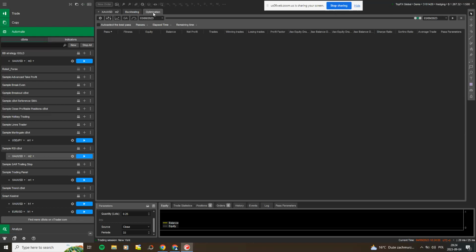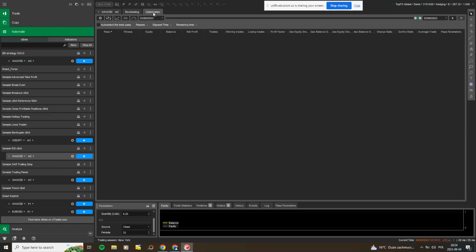And the best way to optimize is basically to catch these cycles and trends with the best settings for your trading system, or for your trading bot. Okay, so basically, if you want to optimize the cBot, you want to find the best collection of entry and exit signals for a backtesting period.